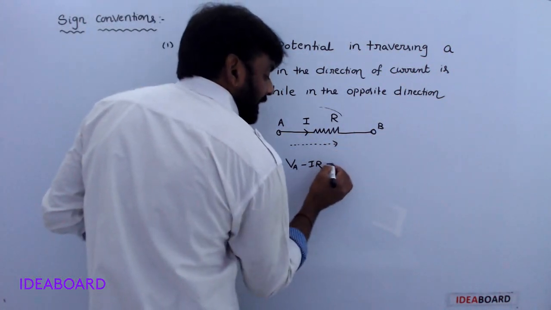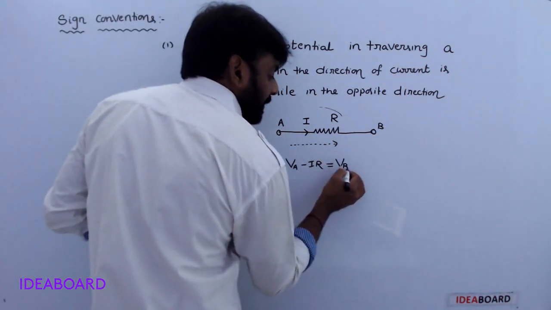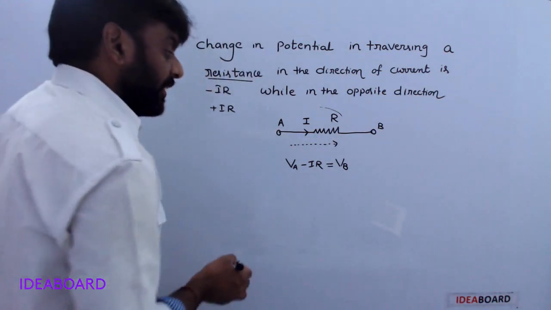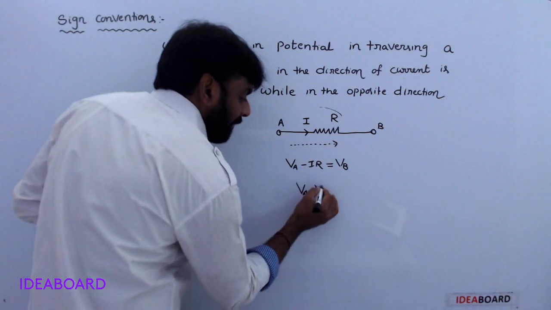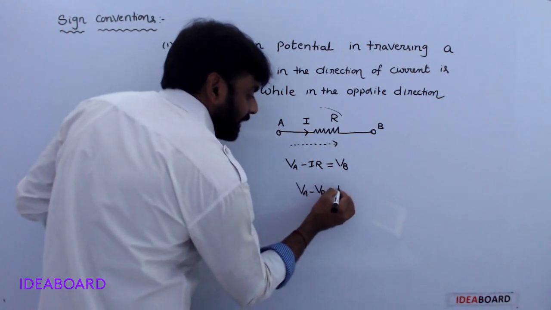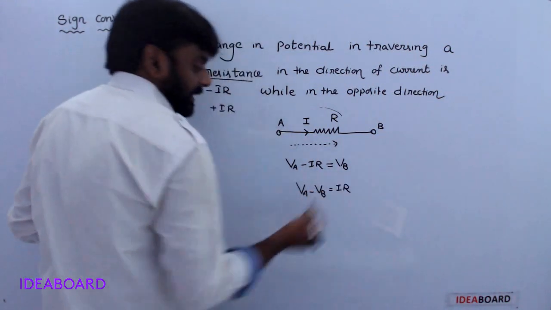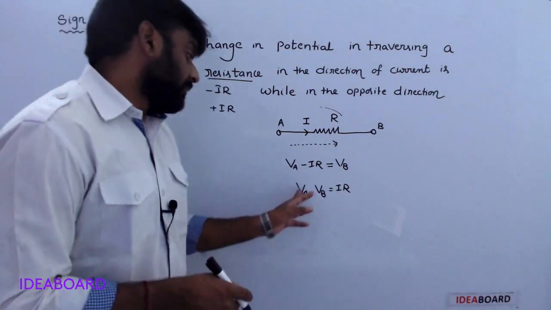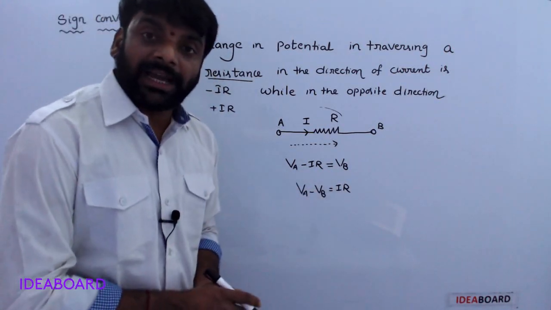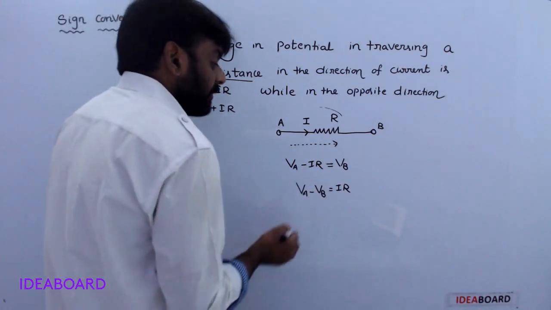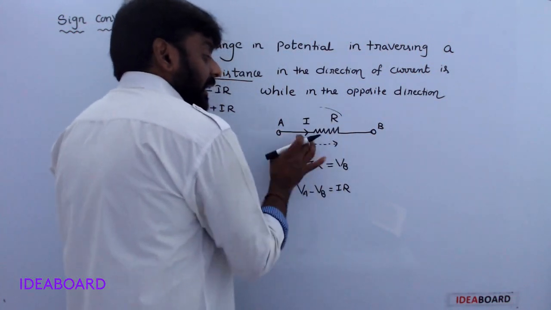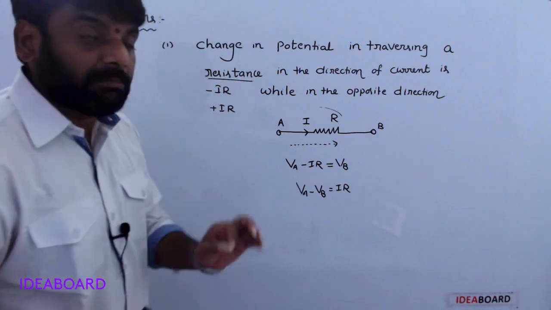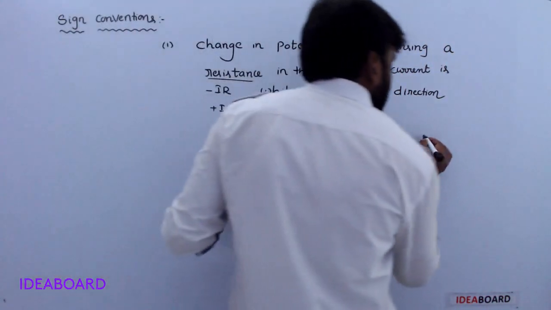This is equal to VB. VA minus VB is equal to IR. The potential drop across the resistor is IR. Along the current direction you take minus.